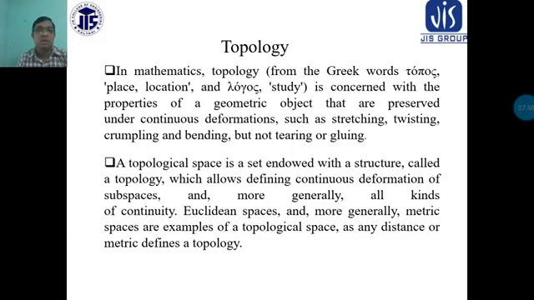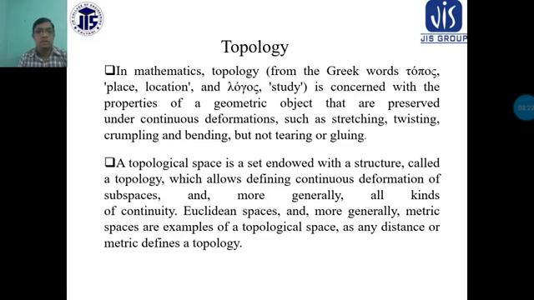Topology in mathematics, from the Greek words meaning place, location and study, is concerned with the properties of a geometric object that are preserved under continuous deformations, such as stretching, twisting, crumpling and bending, but not tearing or gluing.